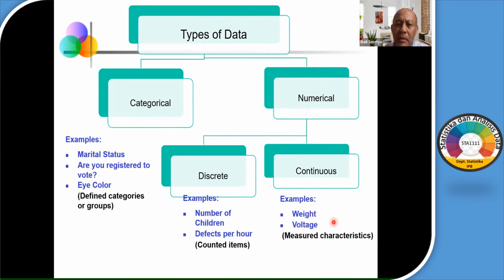But within numerical, we divide into 2 types of variable, discrete or continuous. Number of children is 1, 2, 3. There is no 1.5, 2.5. No, this is discrete. It is different with continuous. If continuous, weight and voltage, for example, weight could be 60.1, 60.2, 70.1, and so on. This is continuous.